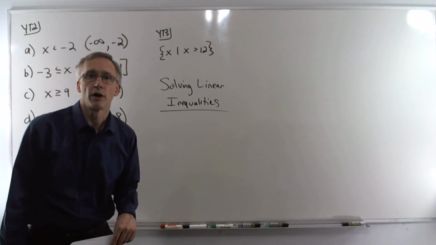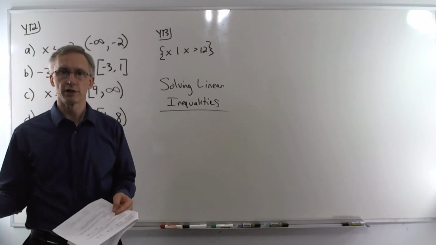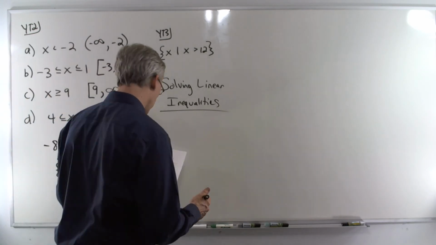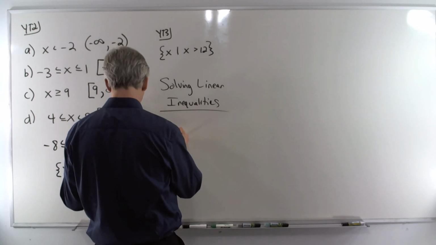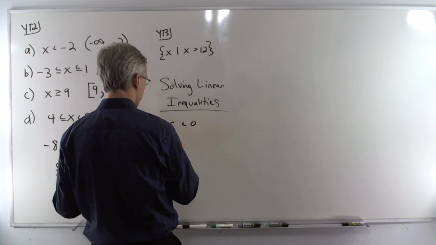Now when we solve inequalities, we're going to use basically the same properties as when we're solving equations, but with some important differences. The main difference is when we are multiplying by negative numbers. So let's say c is a negative number, c is less than 0.